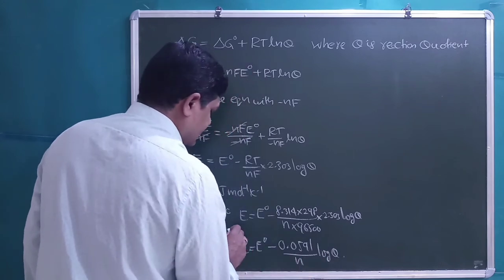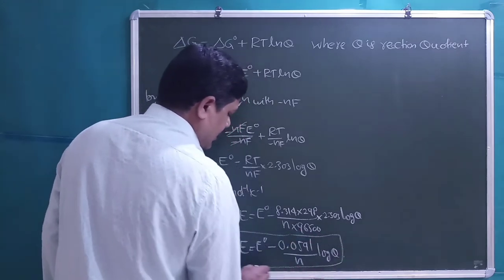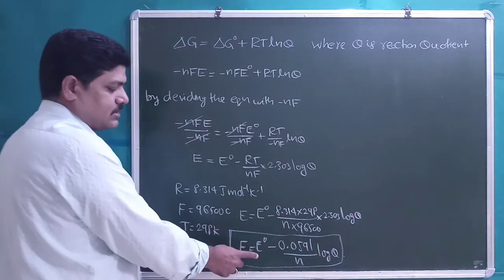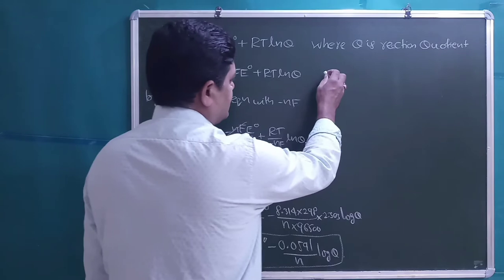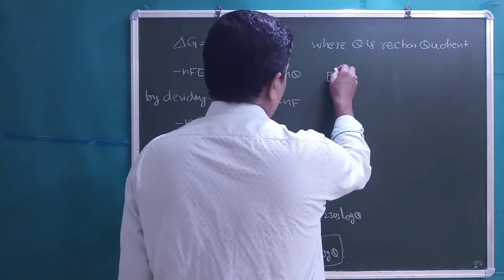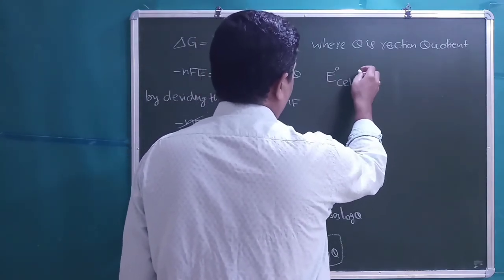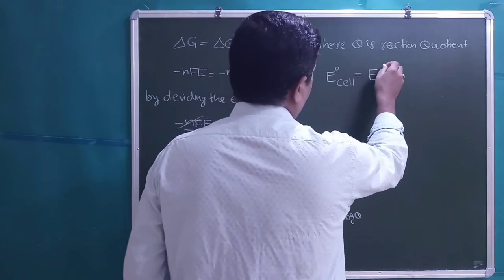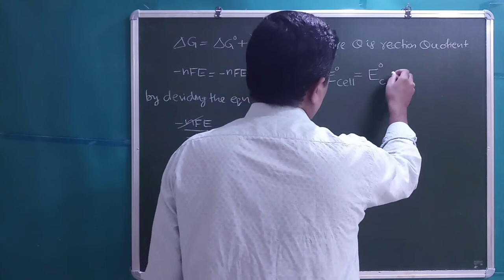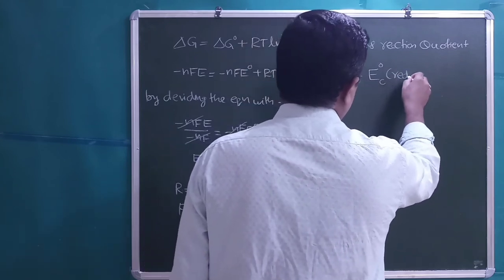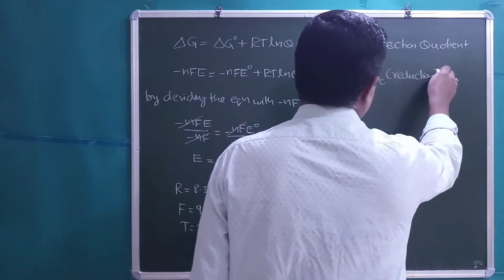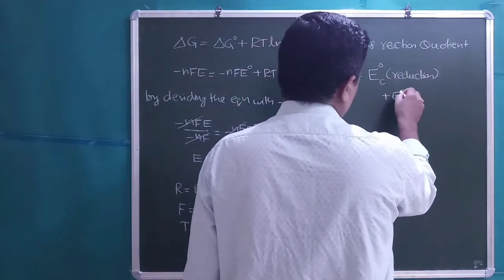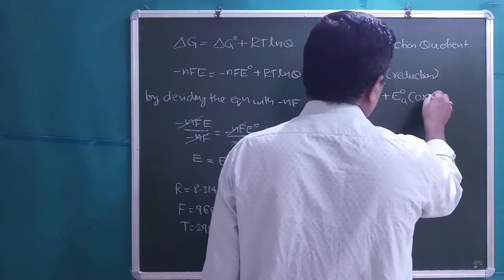This is known as Nernst equation, which is used to calculate the EMF of the cell other than the standard conditions. Students, E naught cell is the EMF of the cell at standard conditions. We can calculate it from E naught cathode, where reduction takes place, the reduction potential of the cathode, plus E naught anode, the oxidation potential.